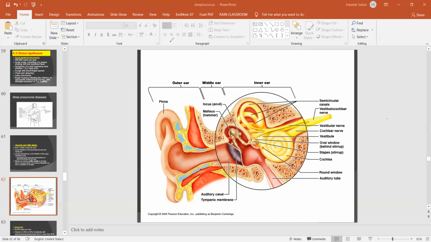But remember, from the middle ear, if the infection spreads, it can also infect the vestibular nerve as well as the cochlear nerve. That is why with an ear infection the patient will have dizziness.